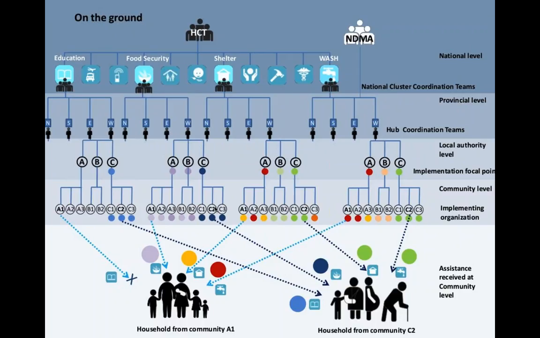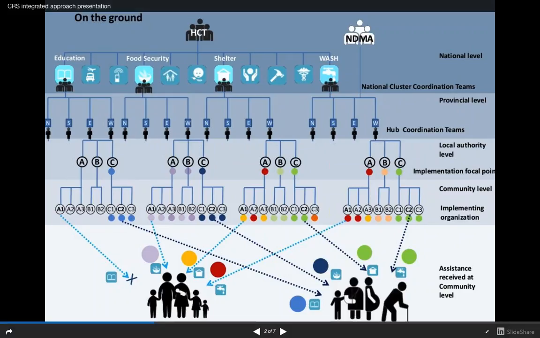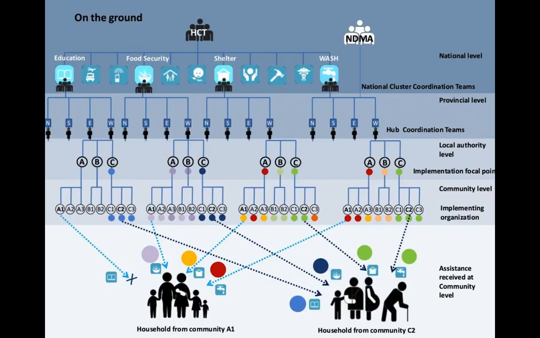As you have multiple agencies entering communities and gathering information from the same people, it raises expectations, and it can dishearten communities as well, because they're giving lots of information, lots of their time, and often not receiving much back.